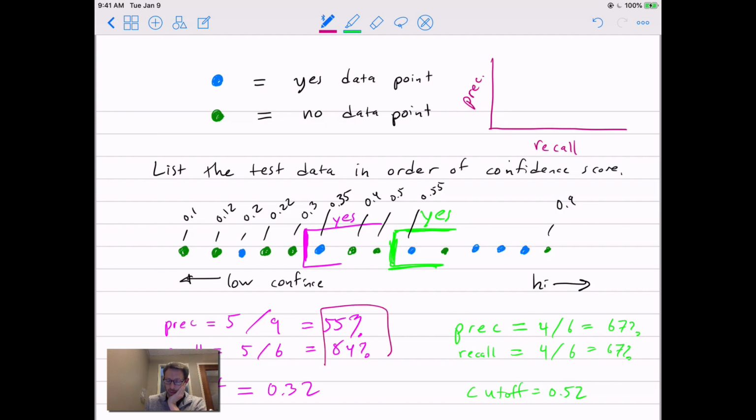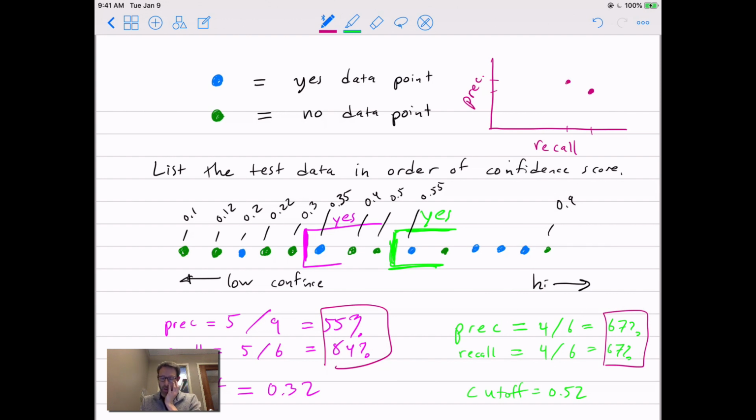And what I can do is I can try to map this point. Precision is about 55-ish. Recall is about 84-ish. So this is one of the points on this graph. And then looking at these values, 67, 67, it's going to be like here, about here.